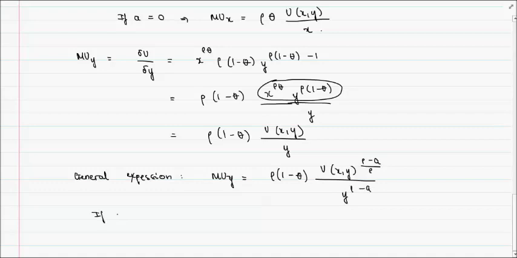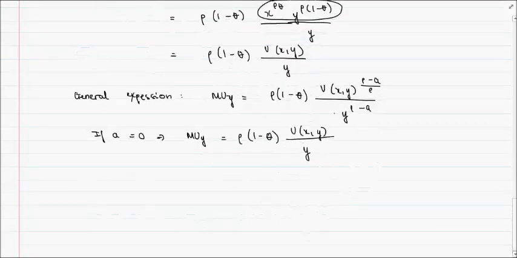And if a equal to 0, then again you find that this is just exactly the same as the expression we found by differentiating the special utility function with respect to y. Okay, so I got rho 1 minus theta utility of x and y. This will just become 1 and divided by y, because 1 minus 0 is just 1. Okay, so this is the same as this, which is right.